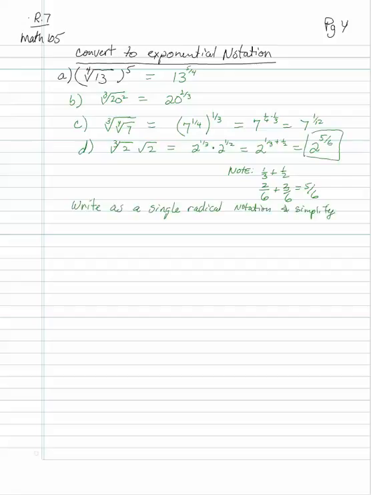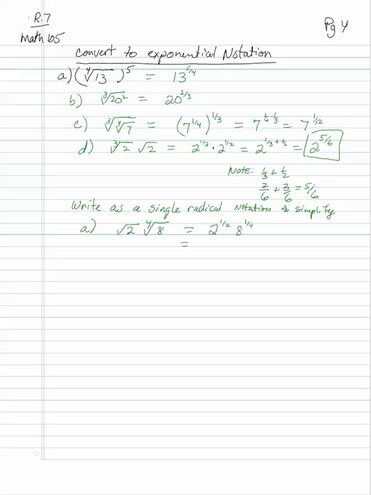Write as a single radical notation and simplify. So let's try square root of 2 times 4th root of 8. So the normal trick is you convert it to rational exponents. And if you want one radical, you got to get common denominators.